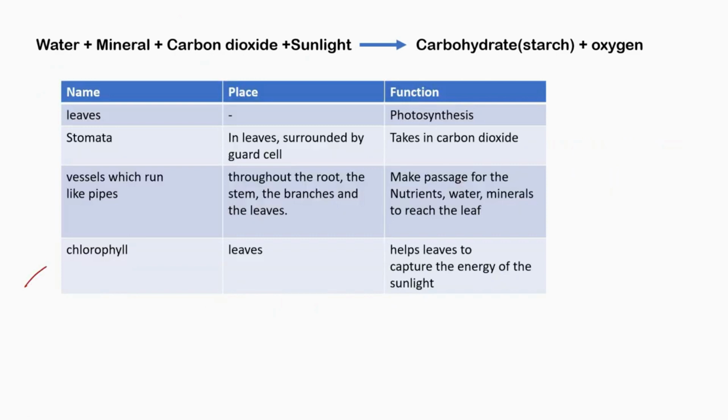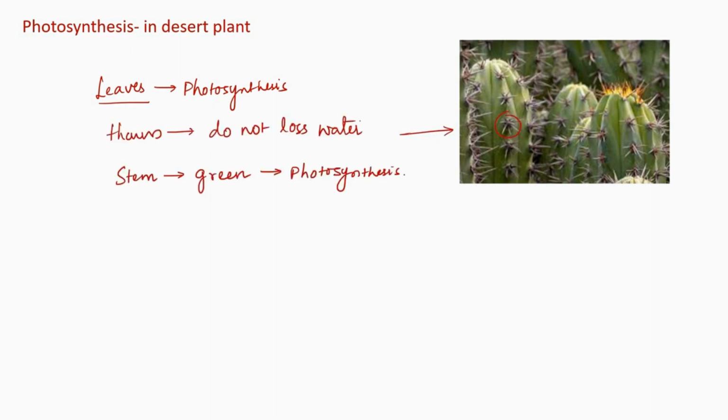So this table will help you remember the function of each part in photosynthesis. Now we all know that leaves are doing photosynthesis, but how are desert plants like this cactus doing photosynthesis as they don't have leaves? As we can see in the pictures, the leaves have converted into thorns. Why have they adopted this feature?